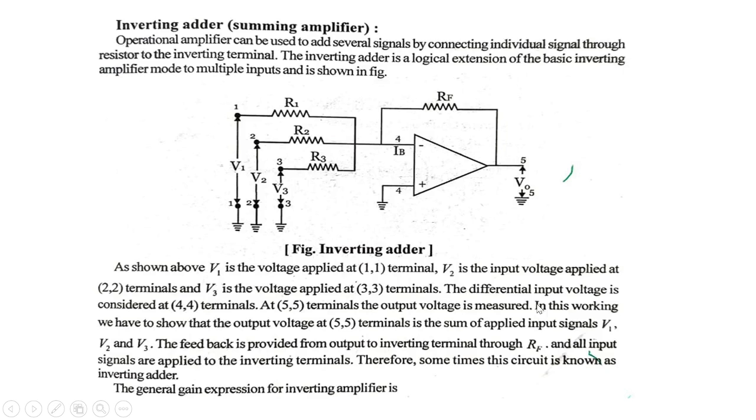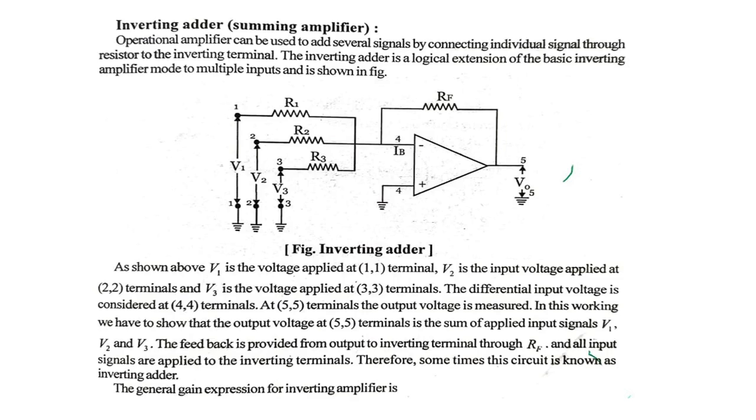The differential input voltage is considered at terminal 4. At terminal 5, the output voltage is measured. In this working, we have to show that the output voltage at terminal 5 is the sum of the applied input signals V1, V2 and V3.